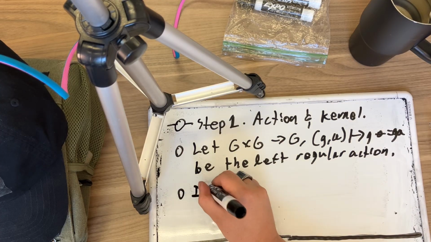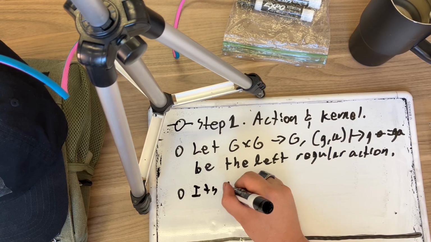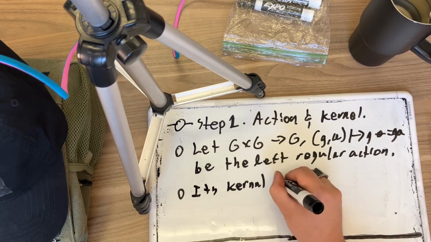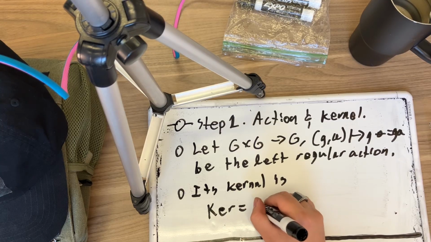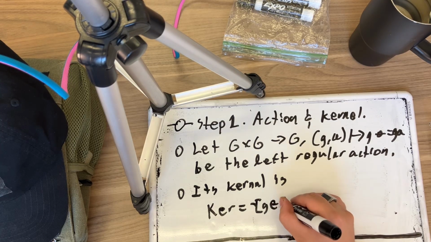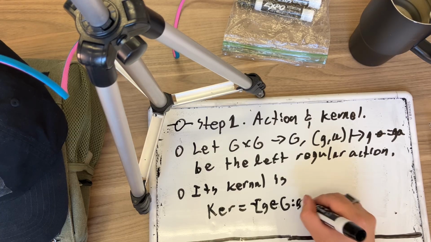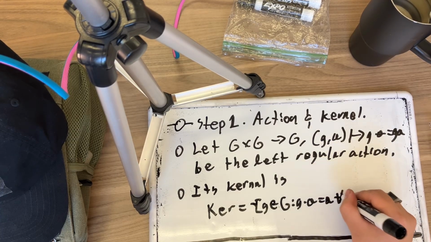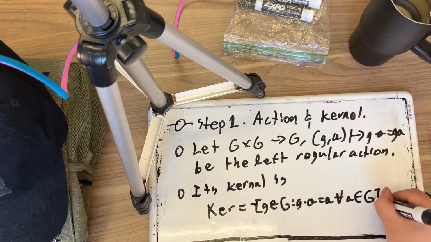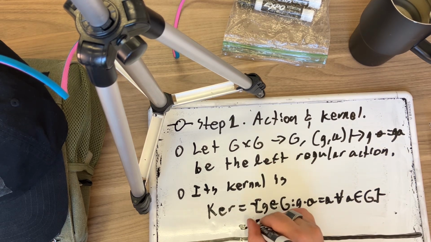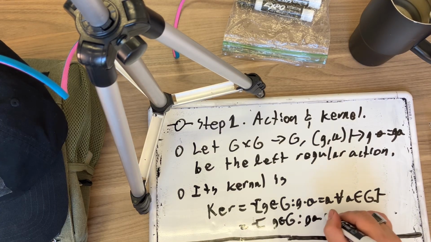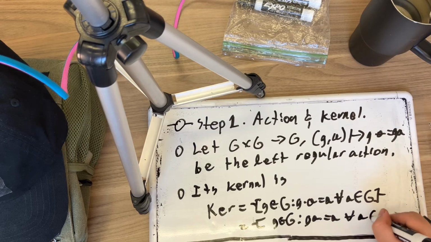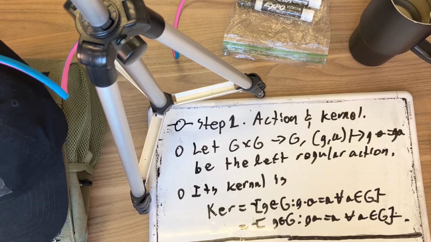Now, its kernel is such that the kernel is equal to the set containing g within big G such that little g times a is equal to a for all a within big G, which consequently is equal to the set containing g inside big G such that ga is equal to a for all a within G. Right?